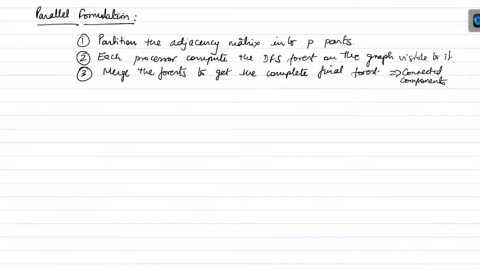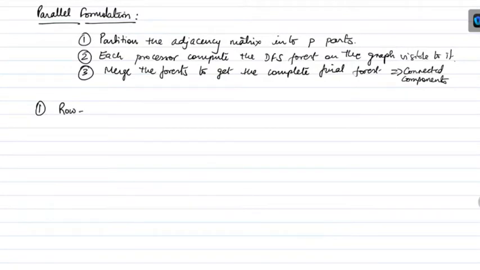So the very first thing is, let's look at issue number one. How do we partition the adjacency matrix into P parts? So let's take an example and try to understand it via that. So we are going to do a row-wise partitioning of the adjacency matrix. Okay, so let's say that I have the following graph.